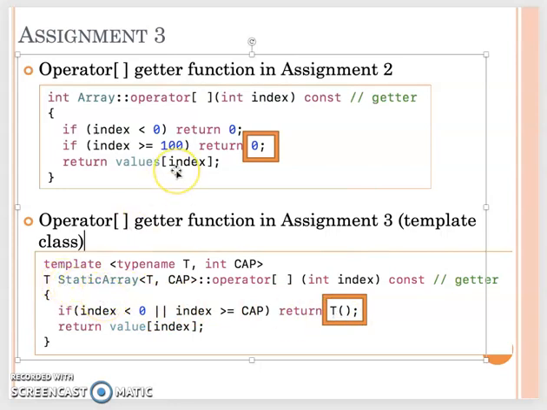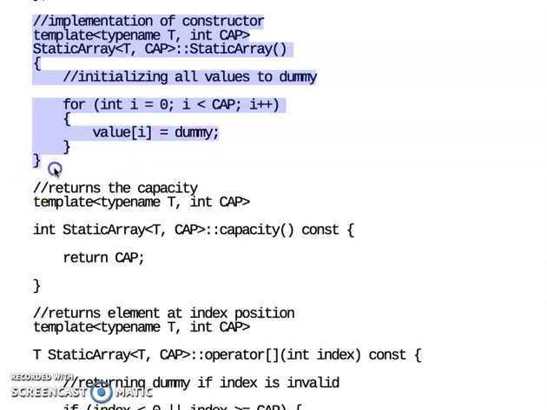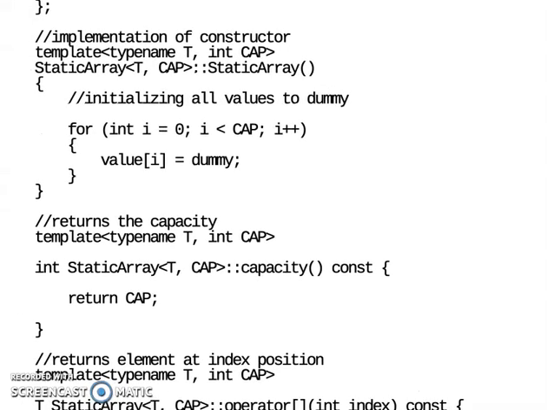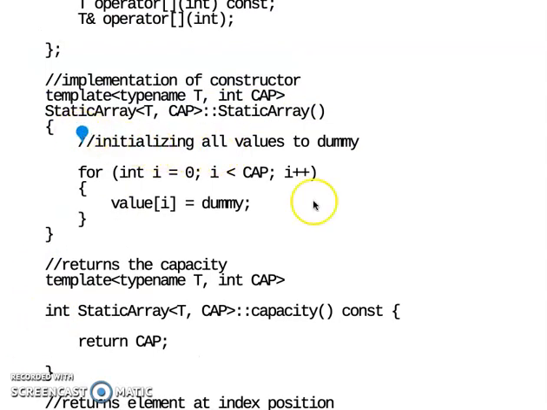Most of you, from your lab exercise 3, did the implementation of our static array very correctly. But one thing I want to show you here is that I saw a few of you got your default constructor wrong. No matter whether you got that correct or wrong, I want you to look at the code here for the default constructor and see if anything is wrong. Do you see what's wrong with this default constructor?